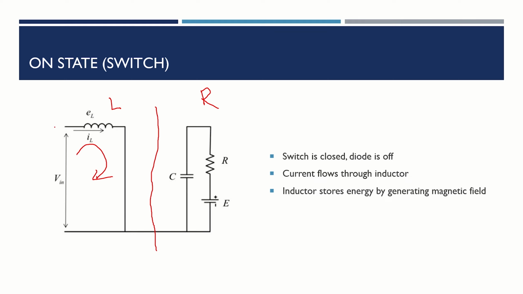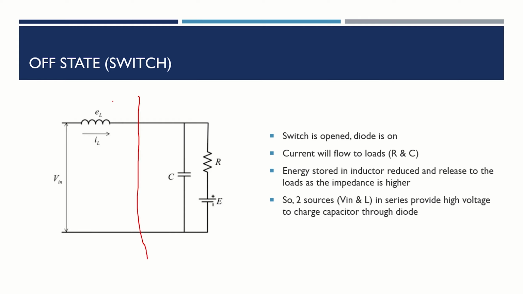So the current will only flow through the inductor, and this will not supply to the capacitor and load. So at this moment, the inductor will store the energy by generating the magnetic field. So at this part, the right hand side is shorted out from the left hand side.